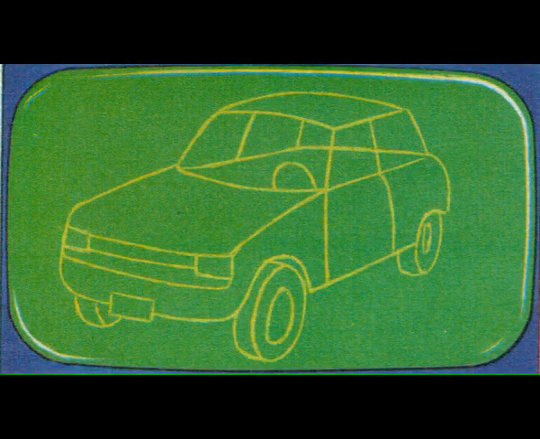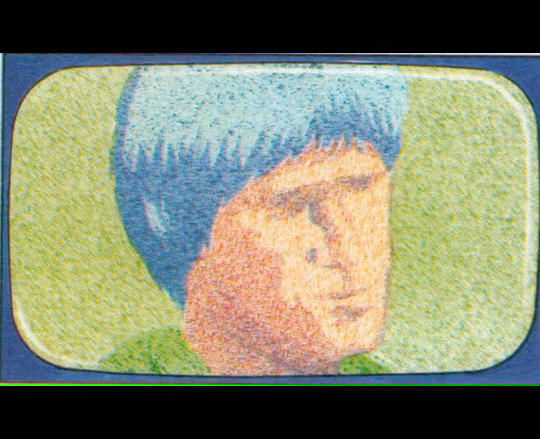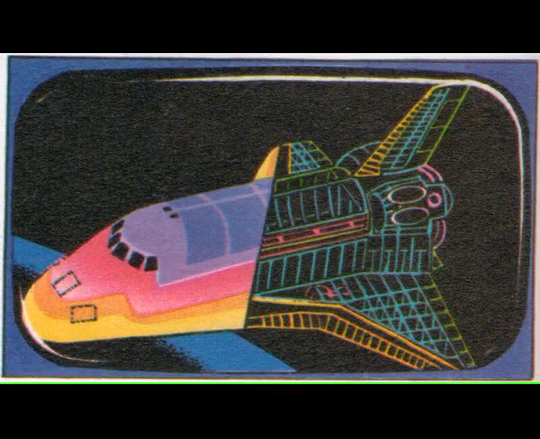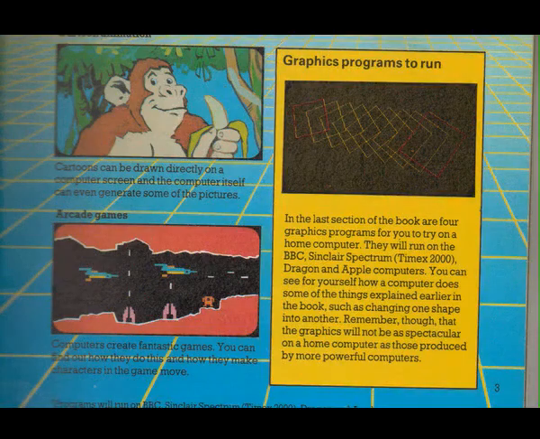High resolution, 640 by 256 pixels. 4 colours, 40K memory. Very high resolution, 512 by 512 pixels. 8 colours, 96K. Very high resolution, 512 by 512 pixels. 16 colours, 128K memory. So the book comes with 4 graphics programs to run.